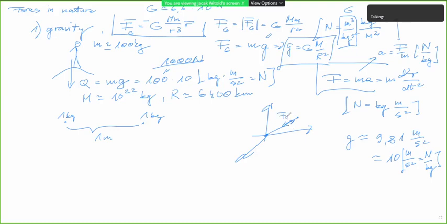So the gravity force here will be oppositely directed to the position vector. The position vector points like this, while the gravity force points oppositely. So if you measure it in terms of the position vector, it's negative.